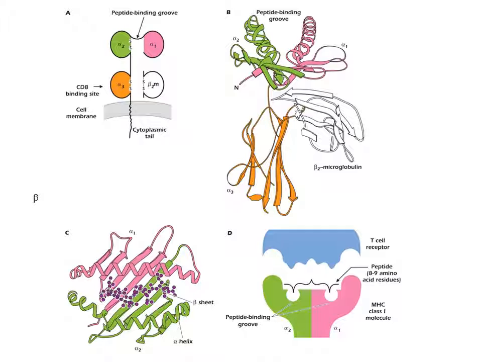So if you want to present your cells with an amino acid so that it's processed through MHC class 1, you have to cut it up, make it into 8 to 9 amino acids, and snugly put it over there, and then the T cell will respond. And remember, we sometimes do need T cell response to take care of infection, to take care of cancer, to take care of allergies.